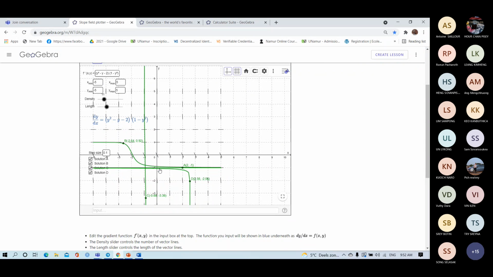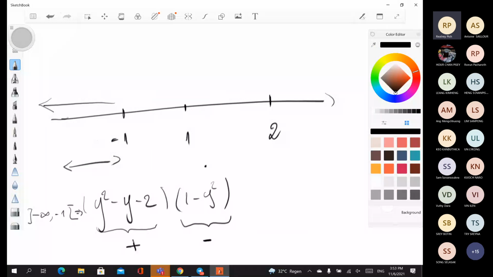Because it goes left, it means we try to leave the stable value, so go out. It means correct. Okay, let's go to see how about from -1 to 1?